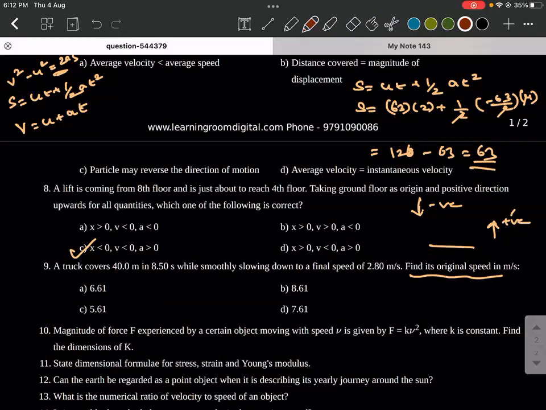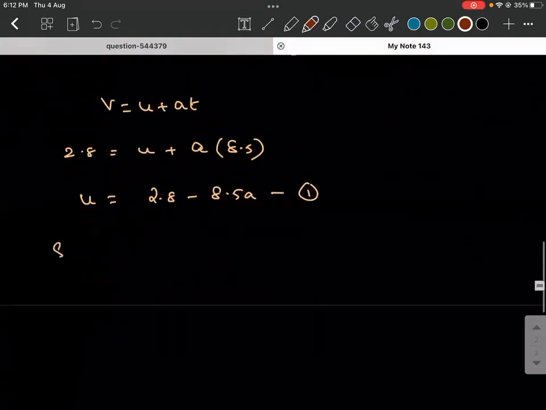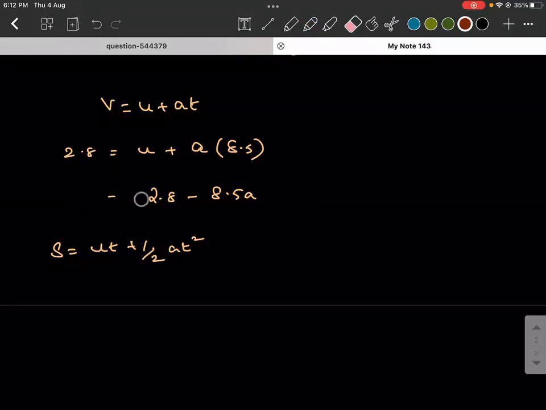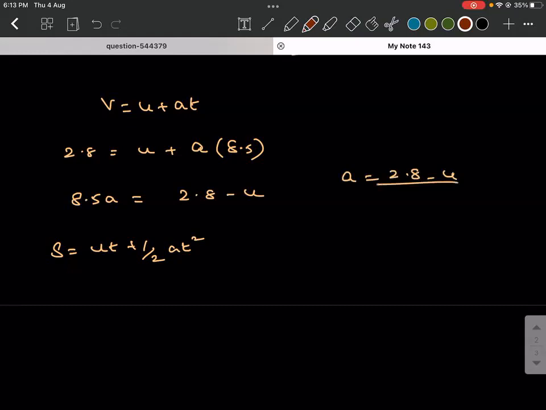If I apply S is equal to UT plus half AT square, since they are asking the original speed, I would find A in terms of U. So 8.5A is equal to 2.8 minus U, so A will be equal to (2.8 minus U) divided by 8.5. Is that point clear? Just a mathematical calculation.